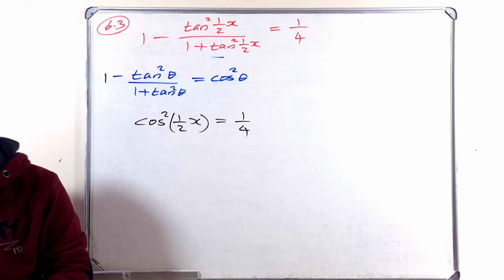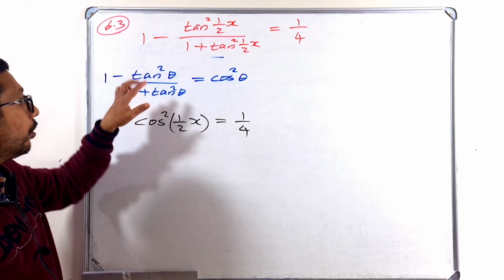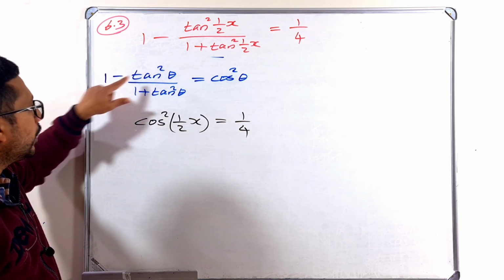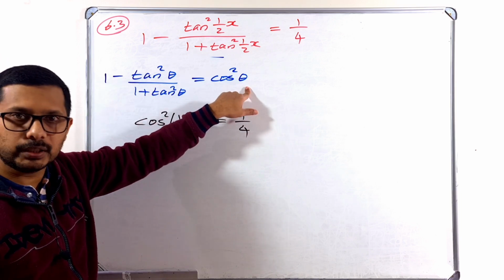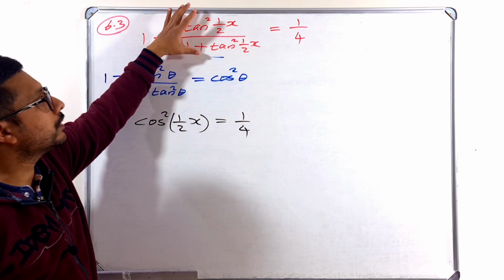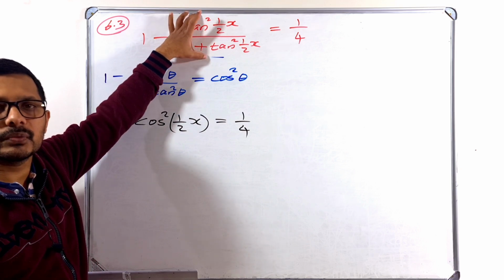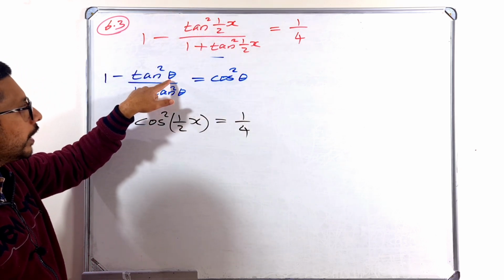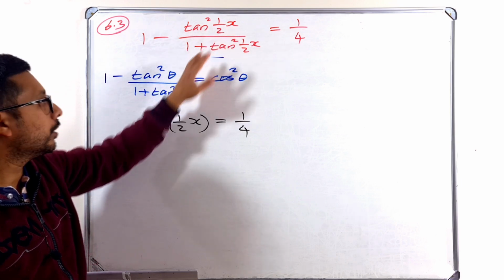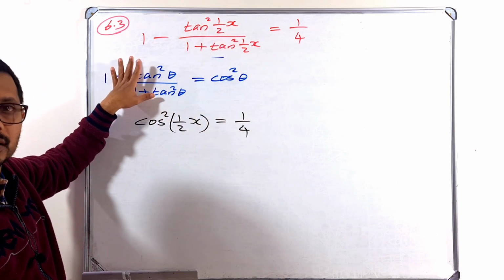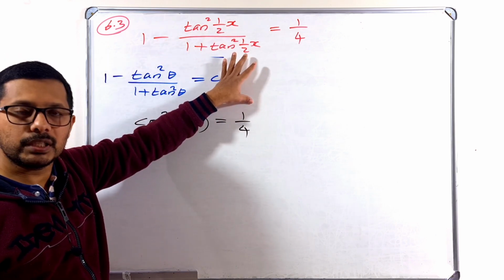Listen once more. We already proved that (1 minus tan squared theta) divided by (1 plus tan squared theta) is cos squared theta. Now they just changed theta to half x. If they change the left side, the right side will change similarly.